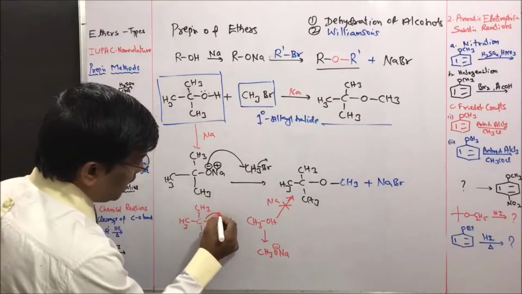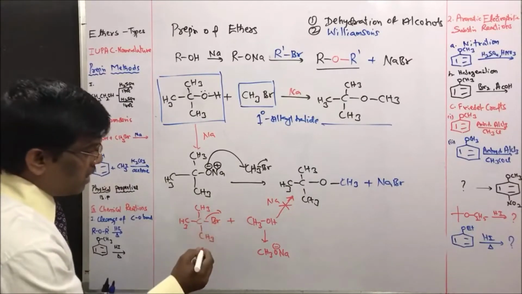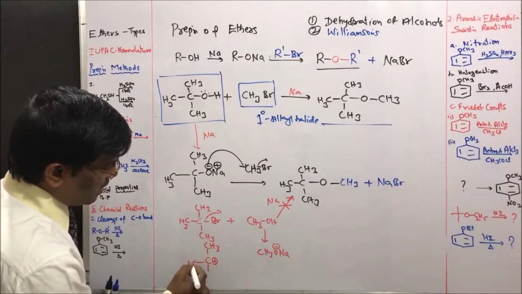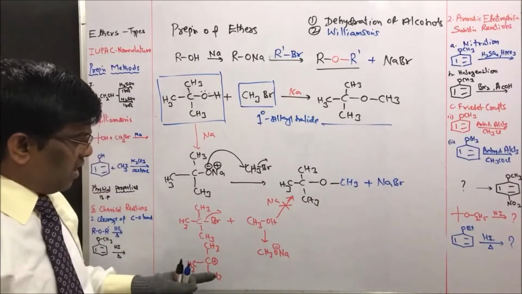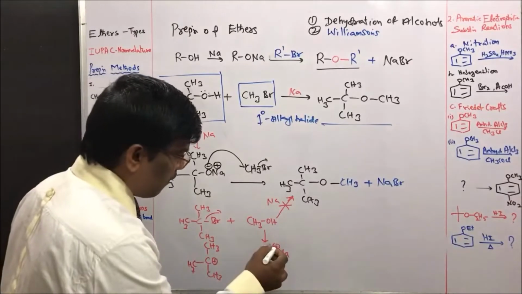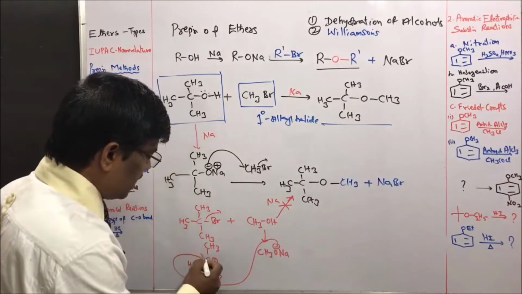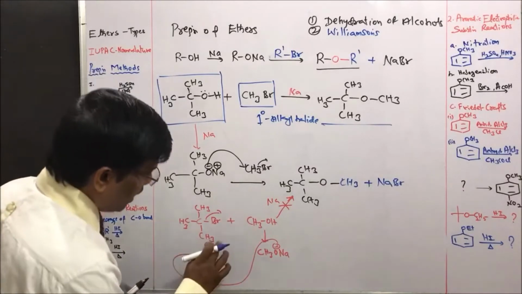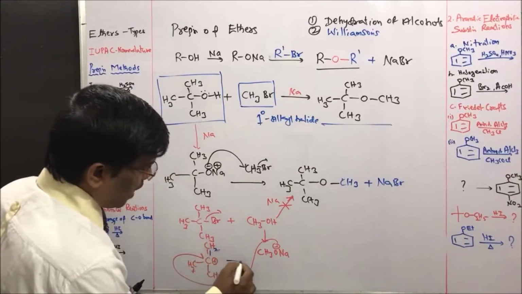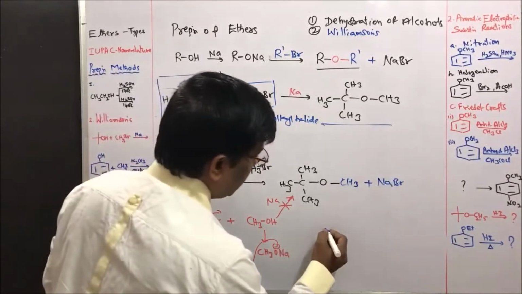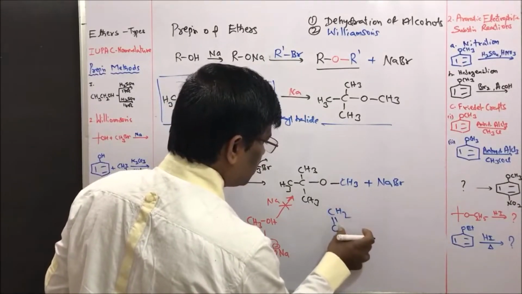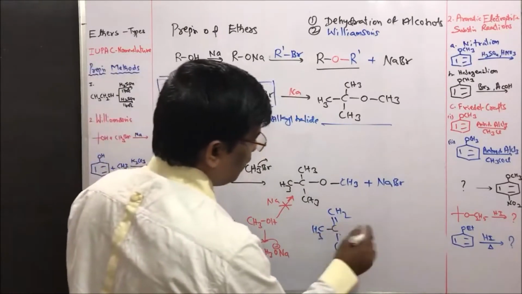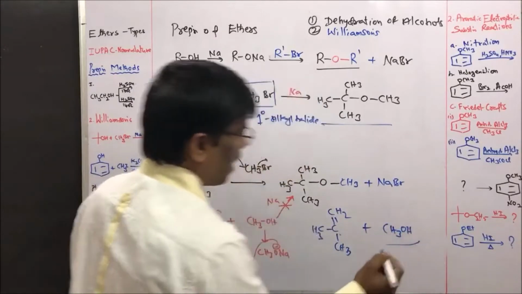Why? The bromine simply goes out and it forms a positive charge, with CH3, CH3 and CH3. Now this is the stable one. Since it is a tertiary compound, it is not going to allow substitution. It simply loses one hydrogen and gives the double bond, CH2 with CH3 and CH3. Yes, and the leftover is methanol, as it is.